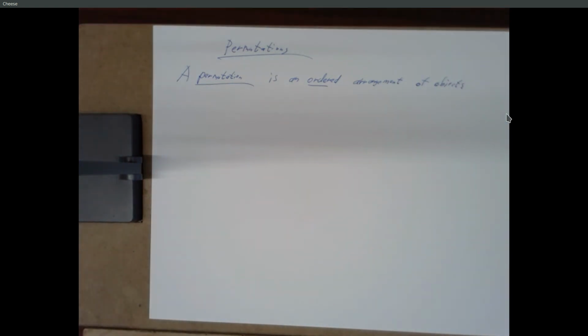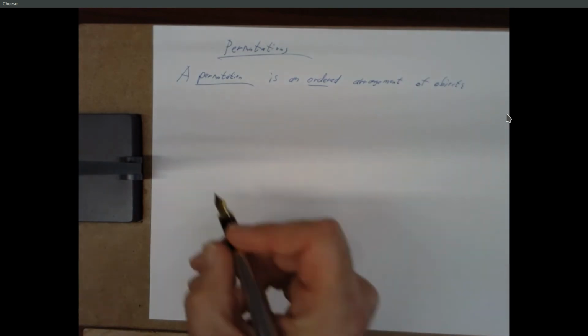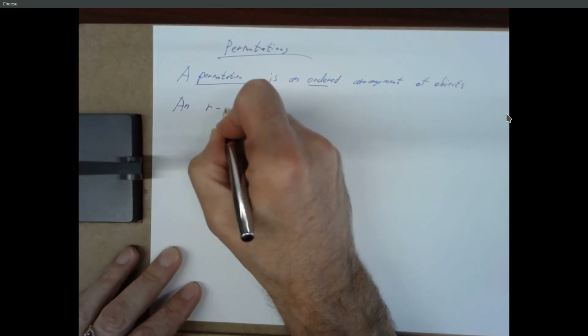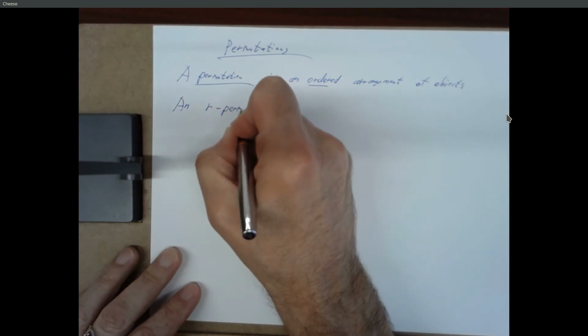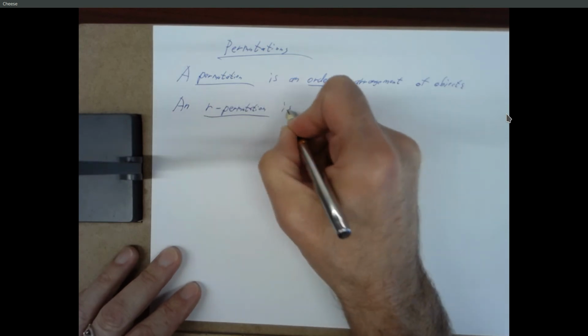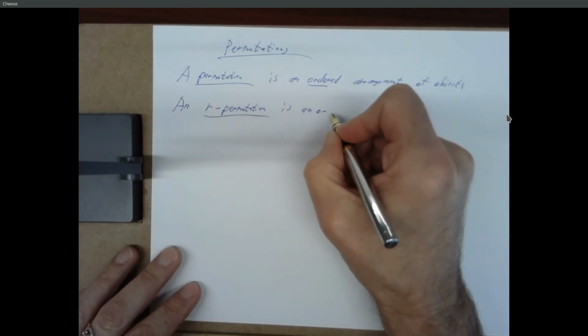We're very much concerned with the order in which these objects are placed. So a permutation is an ordered arrangement of objects. And sometimes we'll talk about an r-permutation, which is an ordered arrangement of r objects.